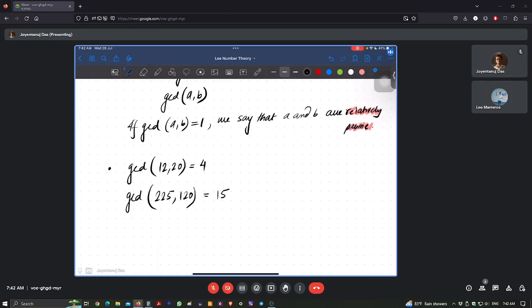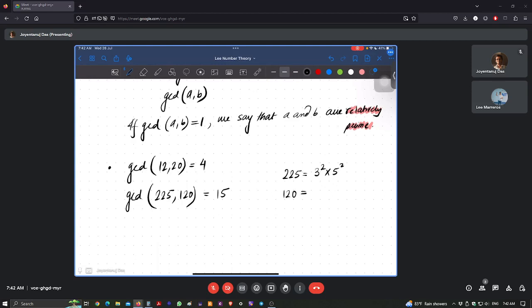If you have smaller numbers, we can use the prime factorization. 225 is 3 squared times 5 squared, and 120 is 2 cubed times 3 times 5.